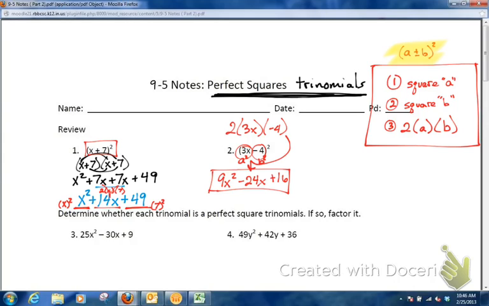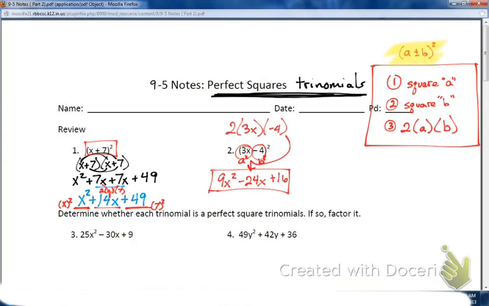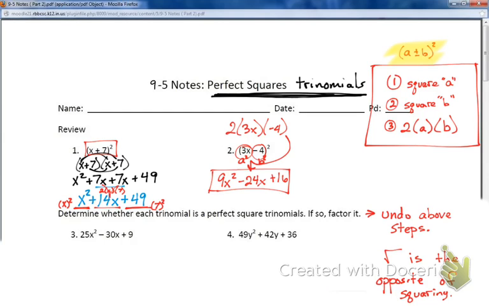Now again, the reason that's important is because we can now use those same steps in reverse to reverse FOIL these problems. So I've written down over here to the side that you need to undo these above steps. So you're going to undo what you've done up there to factor these.